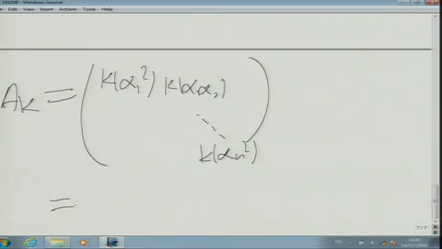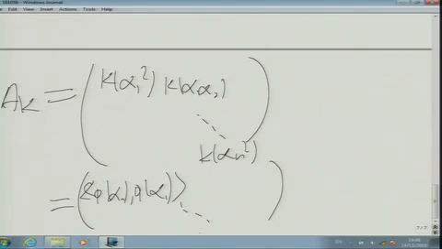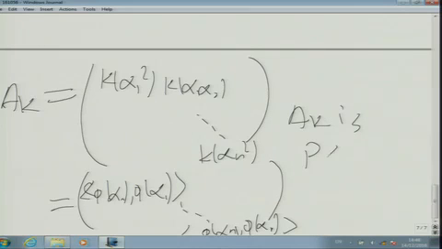And the function K can be written as the inner product of phi(alpha 1) to phi(alpha n). And since A_K is in an inner product form, which means all its entries are inner products, we can conclude that A_K is positive semi-definite.